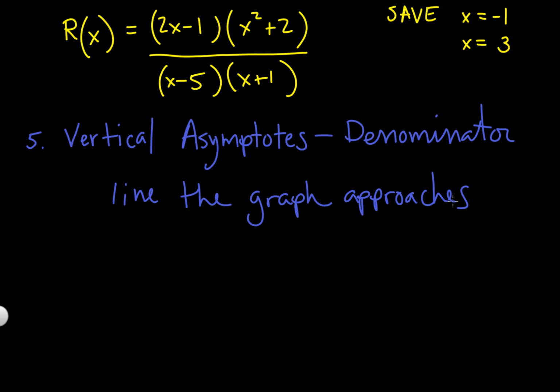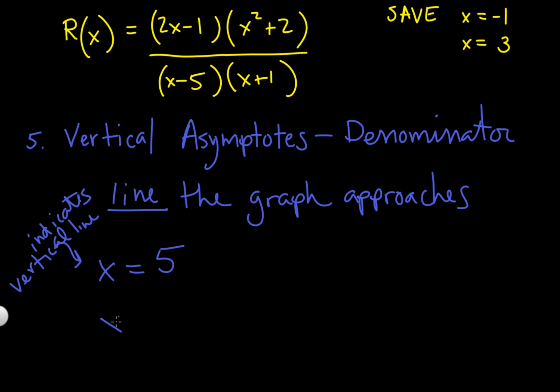It doesn't actually cross this, but we can see that we're going to have a vertical asymptote at x equals, remember the x equals is important. This indicates a vertical line, and that's what the asymptote is. It's a line. So x is equal to 5, and we're also going to have a vertical asymptote at x is equal to -1.